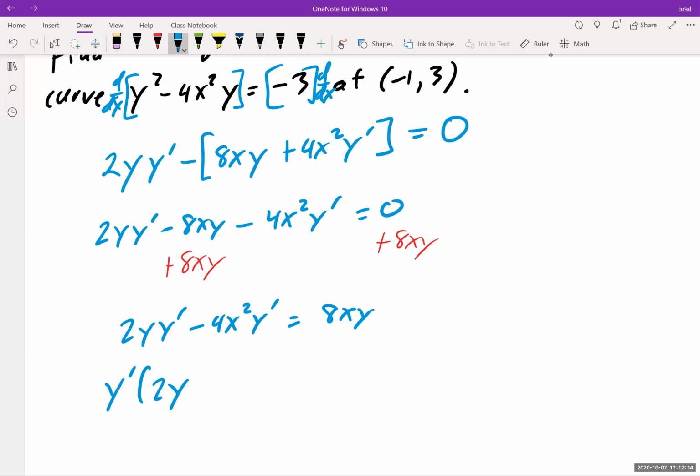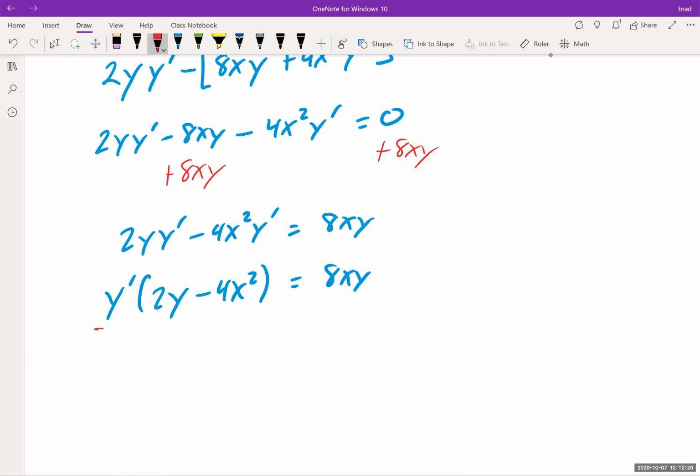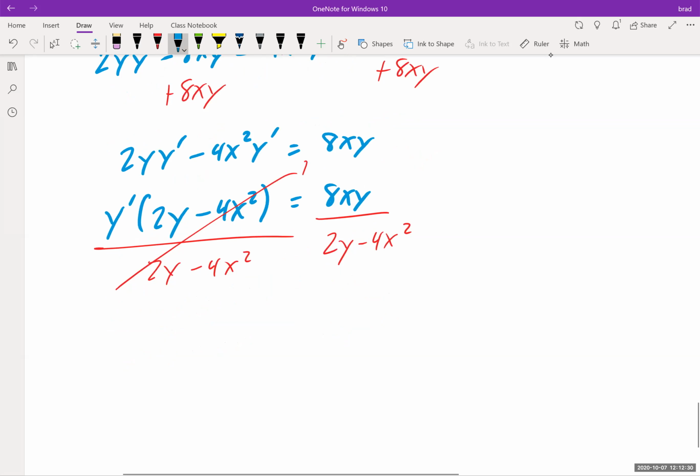So now I'm factoring out the y prime, and then I'm going to divide both sides, just like I've been doing. That becomes 1. So now we're left with y prime equals 8xy over 2y minus 4x squared, okay?